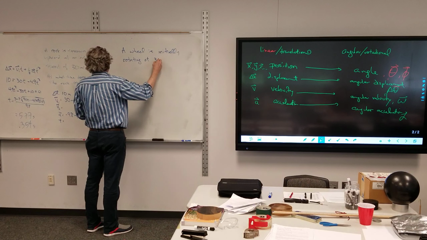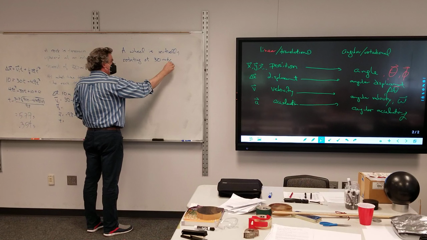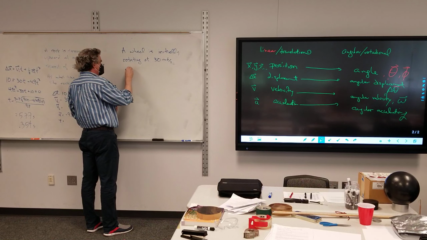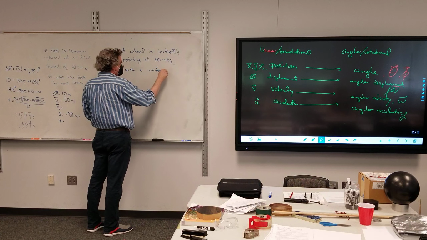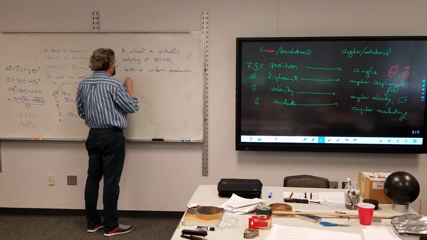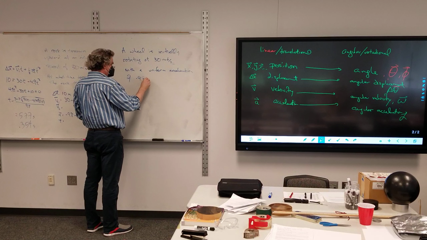A wheel rotates at 30 radians per second with a uniform acceleration of negative 9.8 radians per second squared.